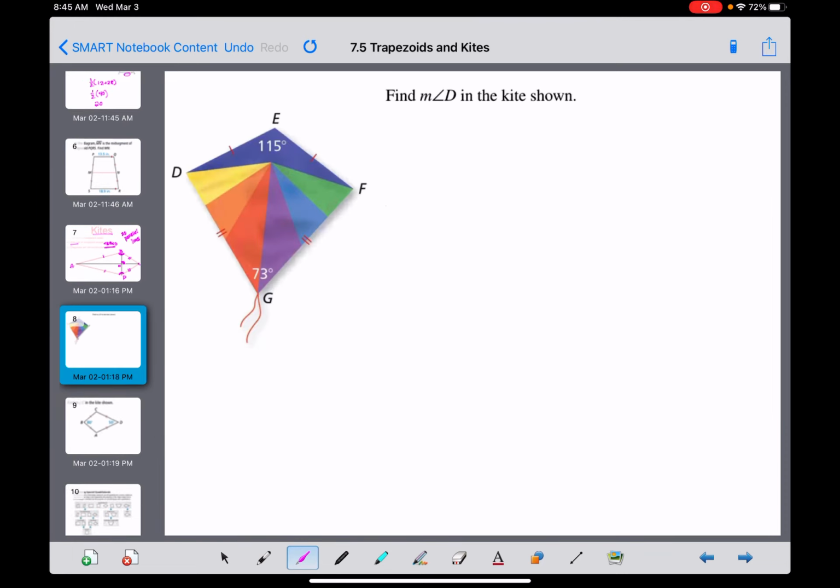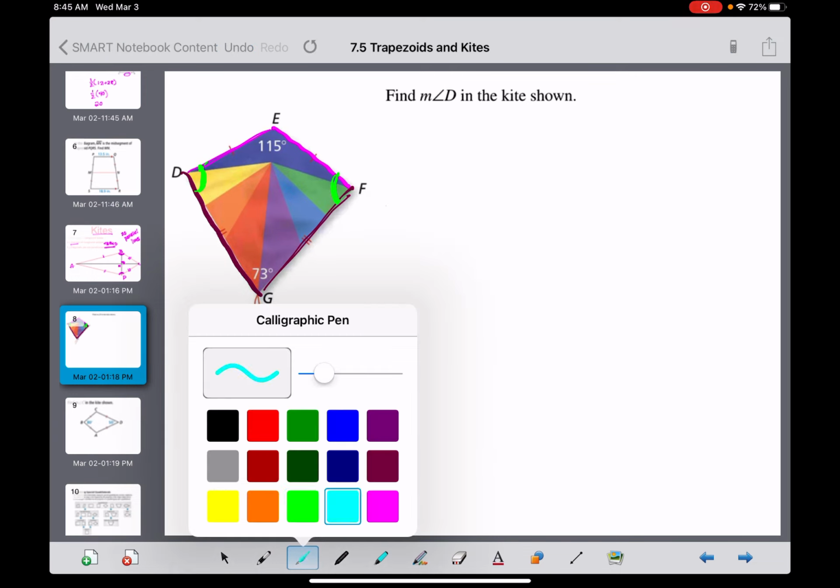So if I know two of my angles, I can find the missing angles. If I look here, the top sides are congruent to each other and the bottom sides are congruent to each other. So my included angles are D and F. So that's my two angles that are equal to each other.